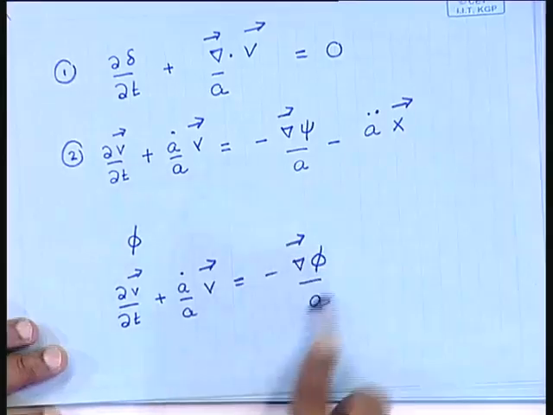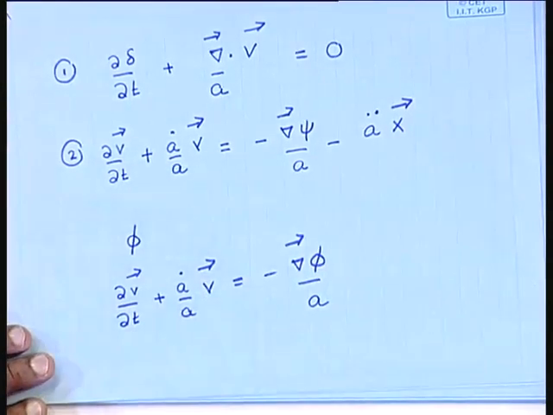We are interested in the growing perturbations, and we have seen that the pressure gradient term effectively prevents the growth of perturbations on length scales smaller than the Jeans length scale. So, we are interested in length scales larger than the Jeans length scale, and we have dropped the pressure gradient term. This is the Euler equation governing the peculiar velocity.